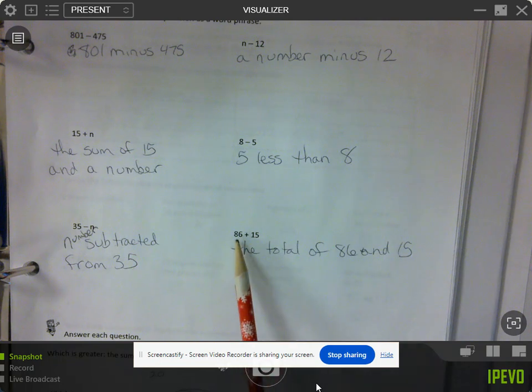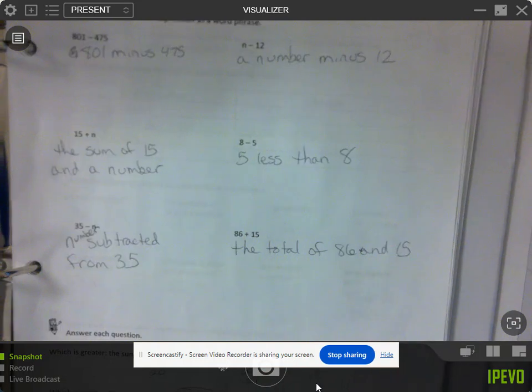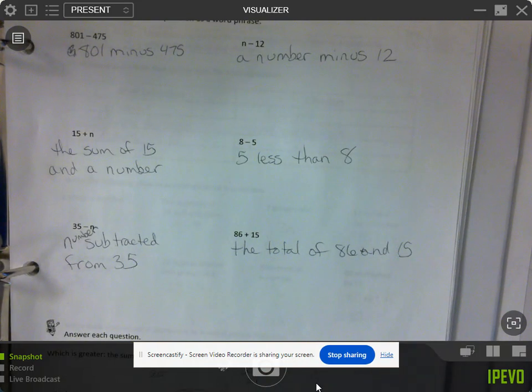And then 86 plus 15, you could say the total of 86 and 15, or 86 increased by 15. Does anybody have a different phrase? Jimena? You could do it backwards because we said adding it didn't matter.